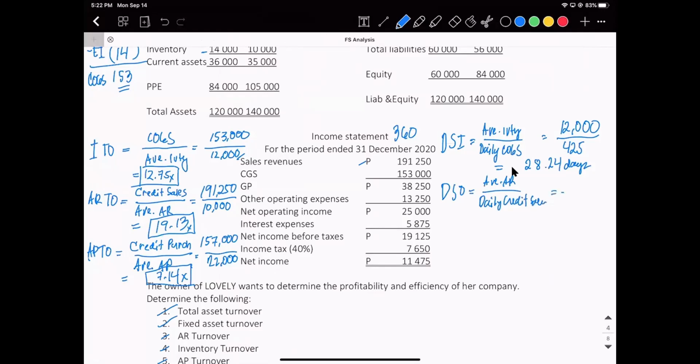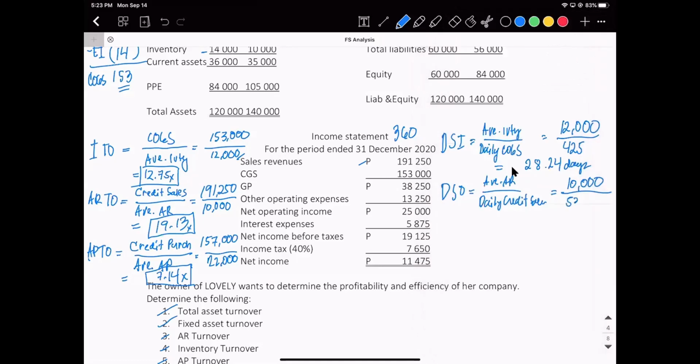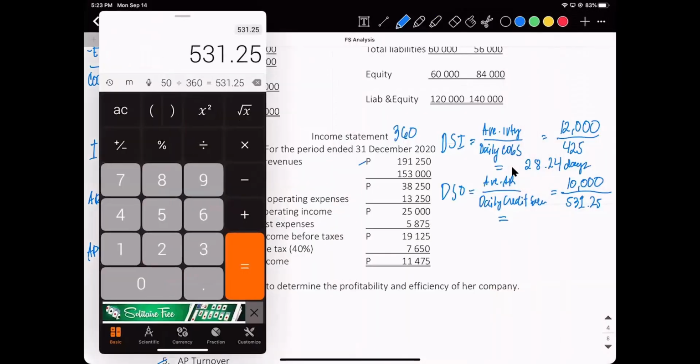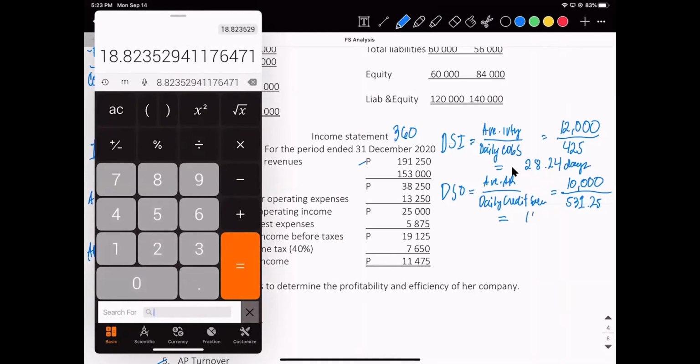We have the information about average AR, and this is 10,000. What about daily credit sales? Again, we're going to assume that this entire sales revenue is credit or on account. So divided by 360 again, we have 531.25. So how much is your day sales outstanding? 10,000 divided by 531.25. So this is 18.82 days.